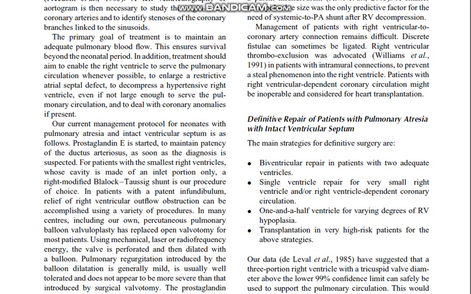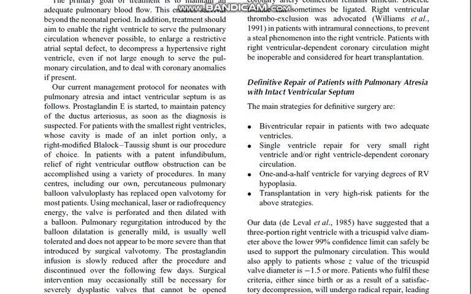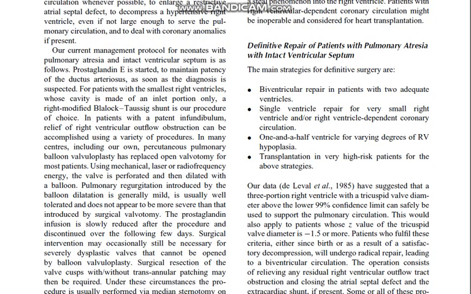Using mechanical, laser or radiofrequency energy, the valve is perforated and then dilated with a balloon. Pulmonary regurgitation introduced by the balloon dilatation is generally mild, is usually well tolerated, and does not appear to be more severe than that introduced by surgical valvotomy. The prostaglandin infusion is slowly reduced after the procedure and discontinued over the following few days.